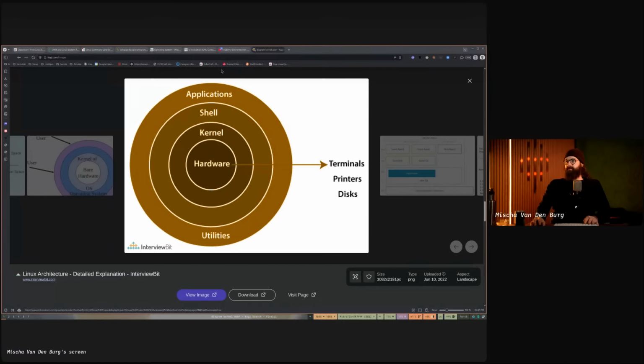To understand why the command line is important, we need to know a little bit more about the operating system and the kernel and all of the different layers, okay? We've already talked about hardware and the kernel. The kernel is what talks to the hardware. When I want to run a program on my computer, there needs to be a layer or an interface between that hardware and that program.